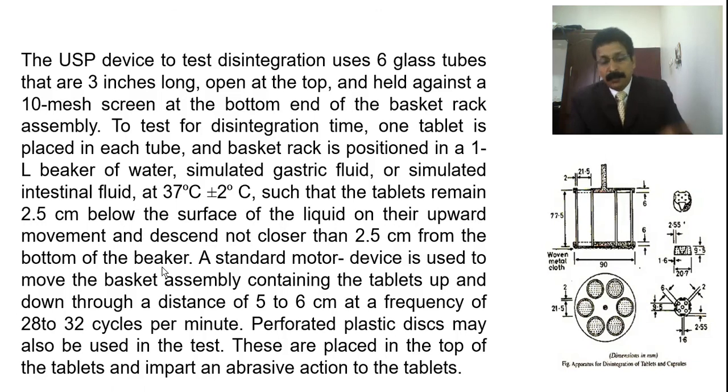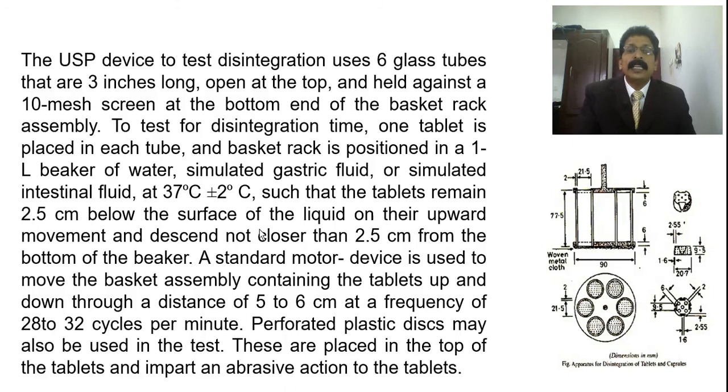So it should not touch the bottom of the beaker, and it should not go above the level of the liquid either. The distance traveled is 6 to 7 centimeter. This frequency is the same as the peristaltic movement we are giving to the tablet, like the movement taking place in the bowel, so that you get the correct disintegration time for a tablet when it is given through the GIT.